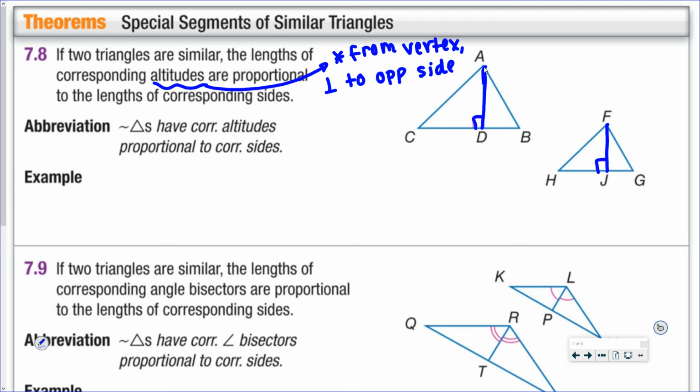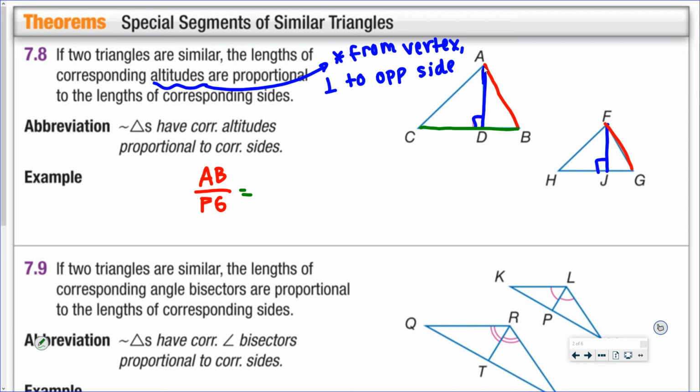Okay, so here's what's new for us today. They're telling us as long as these two triangles are similar. So here's what we already know. If two triangles are similar, all their corresponding sides, such as AB to FG, that ratio is proportional to every single set of corresponding sides.